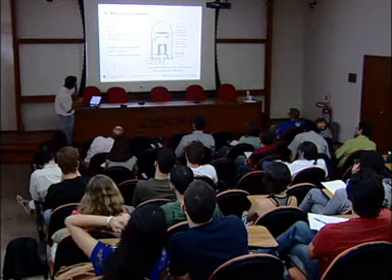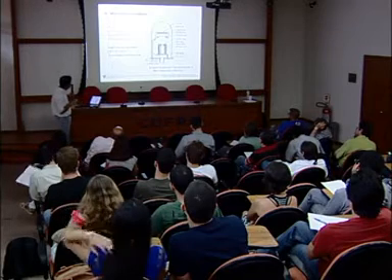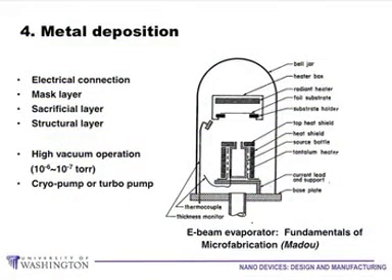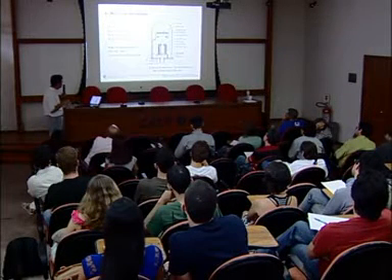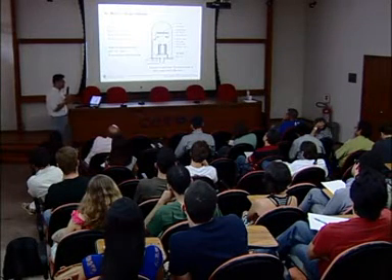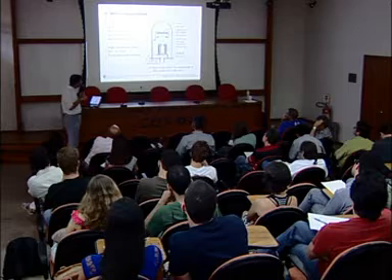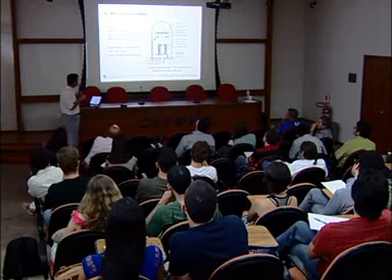Also, metal deposition is made by the physical vapor deposition process. It's very simple. We make a very high vacuum, for example, 10 to the minus 6 or 10 to the minus 7 torr. Then in the high vacuum, we generate a lot of heat for a material. If you put gold inside, then in this high vacuum, with the heat, those materials can be evaporated.